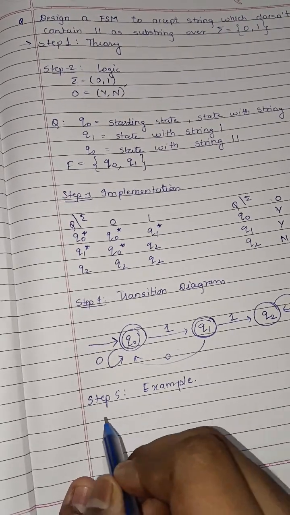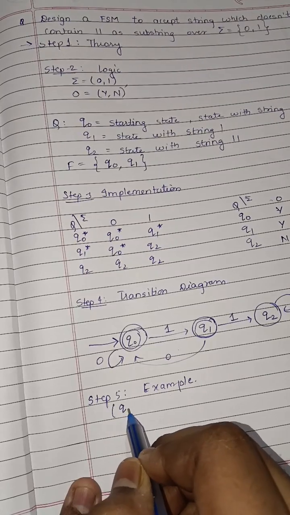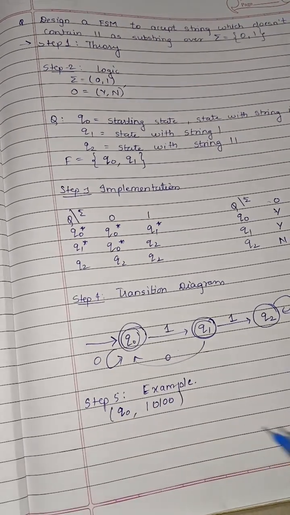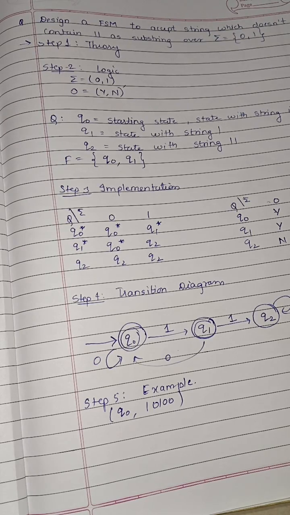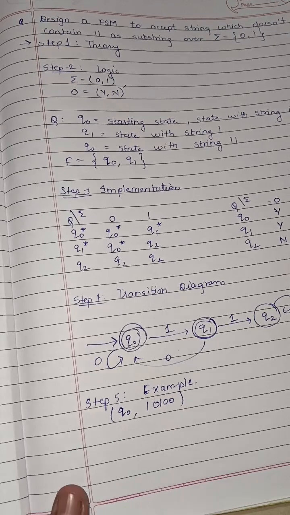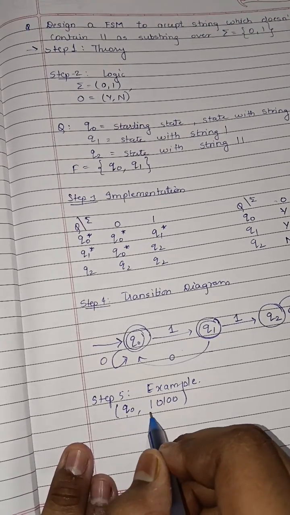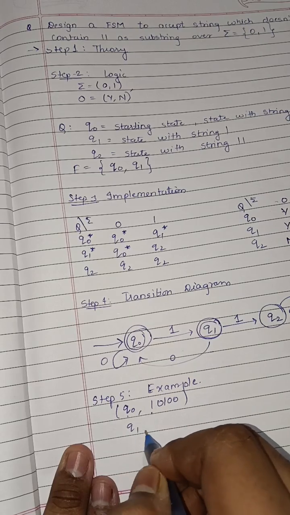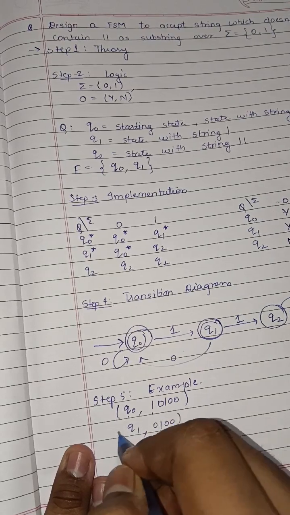If I take an example, Q0 10100, this doesn't contain 11, which means this string will be accepted. Now we have to check it. Q0 receives 1, it is going to Q1, remaining 0100.